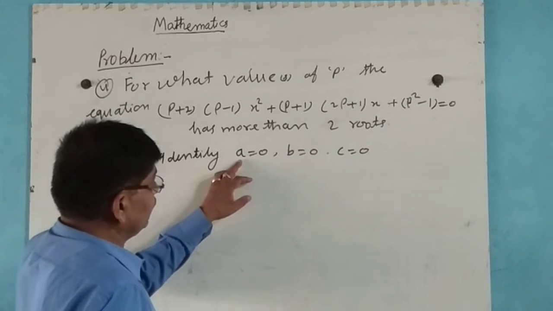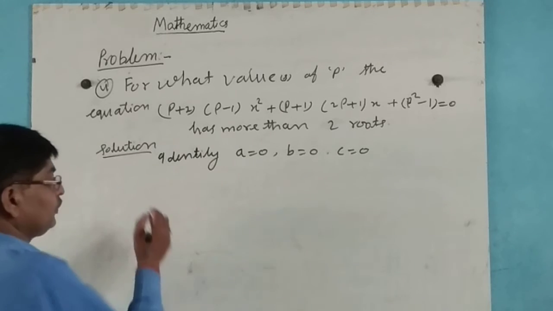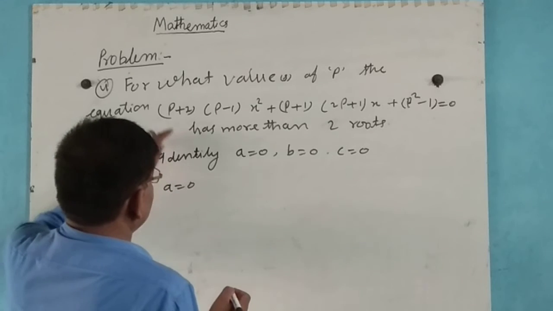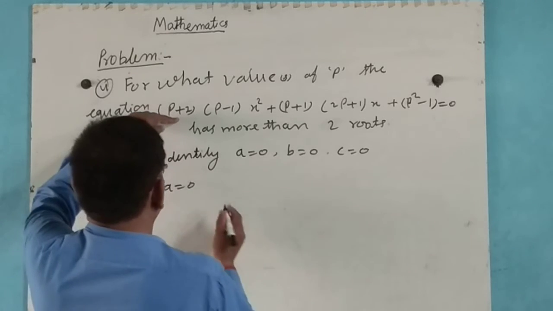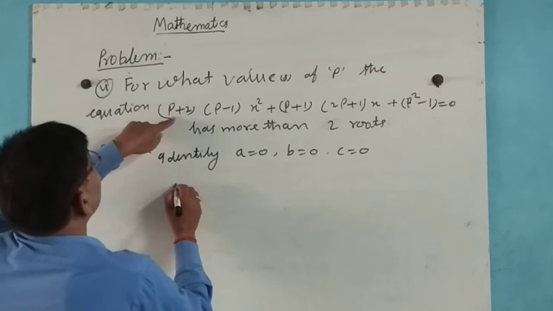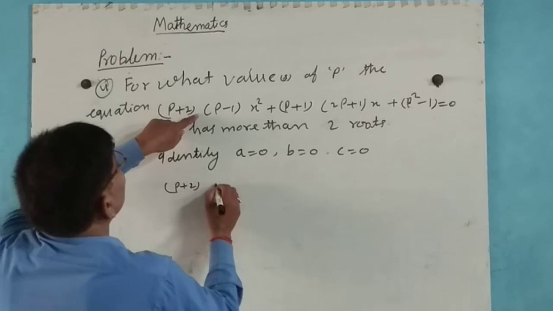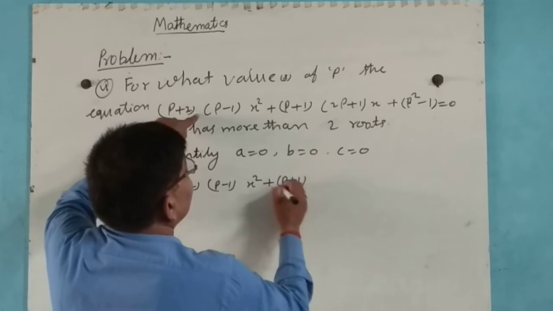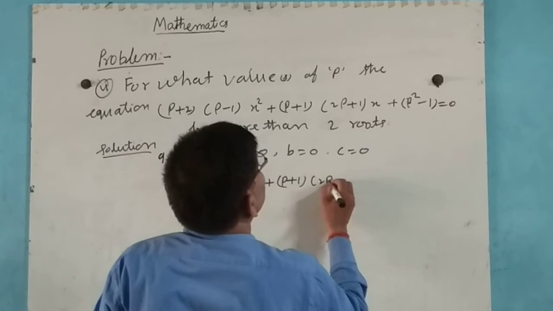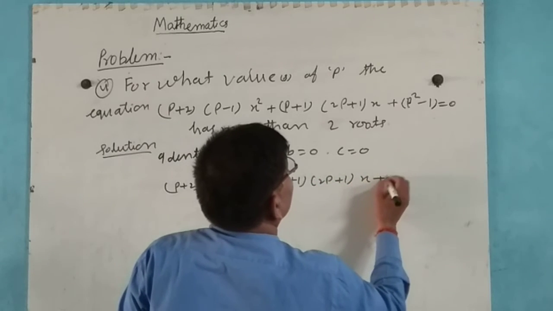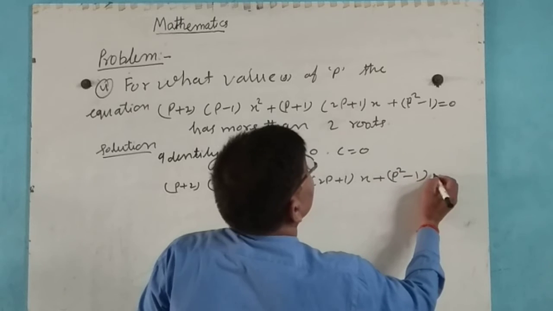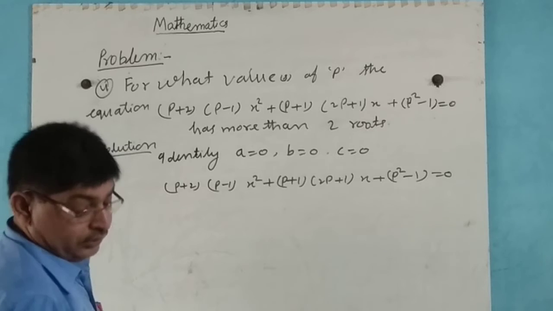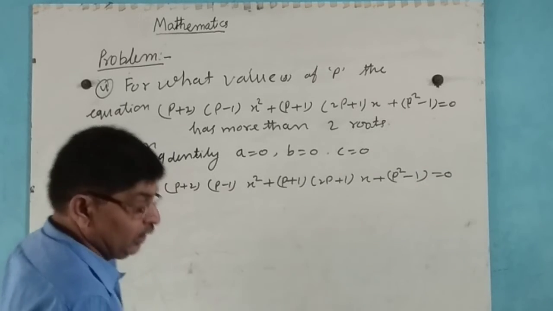If we put a equal to 0 in the polynomial (p plus 2)(p minus 1)x square plus (p plus 1)(2p plus 1)x plus p square minus 1 equal to 0, here we take a equal to 0.